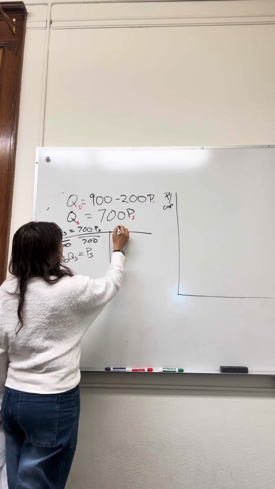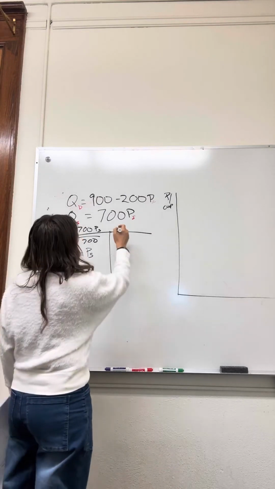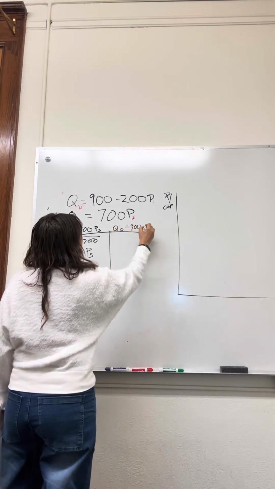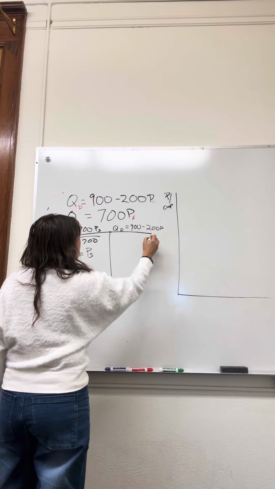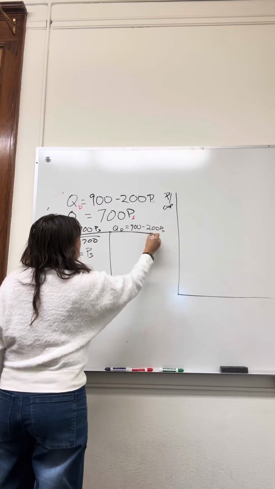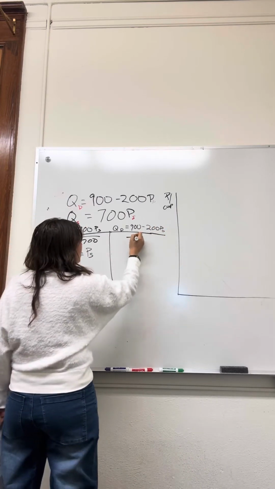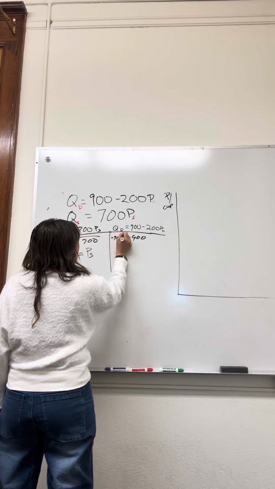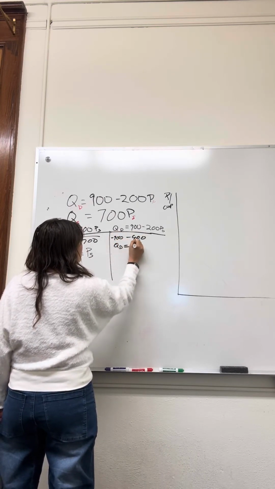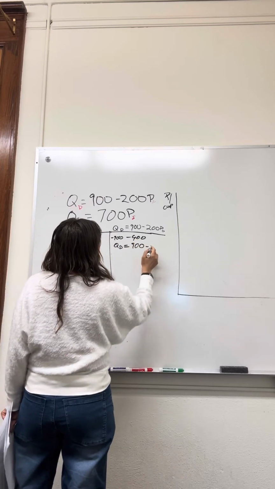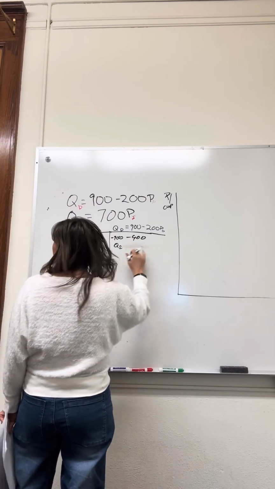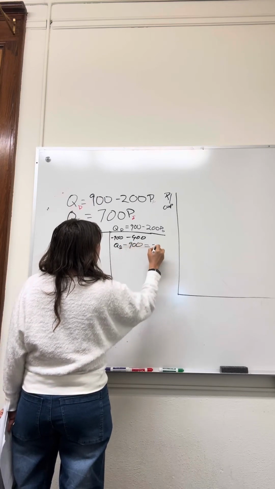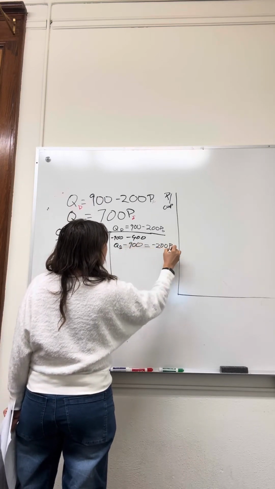And over here, I'm going to do the same thing, but with the demand function. I'm going to subtract 900 from both sides. I get QD minus 900 equal to negative 200 PD.